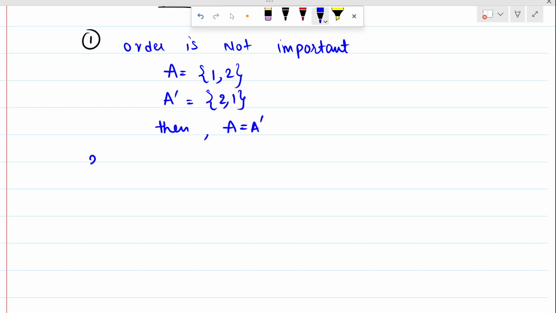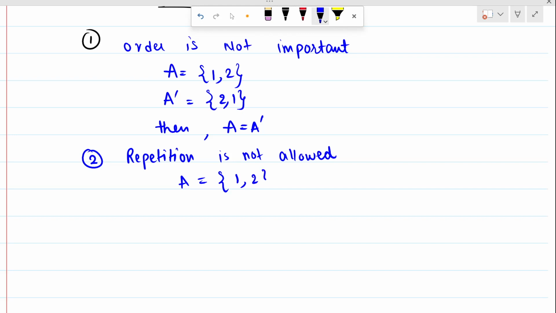Second, repetition is not allowed. Let's say A is a set which contains 1 comma 2 and A dash is 1 comma 1 comma 1 comma 2 comma 2 comma 2 comma 2 comma 2.